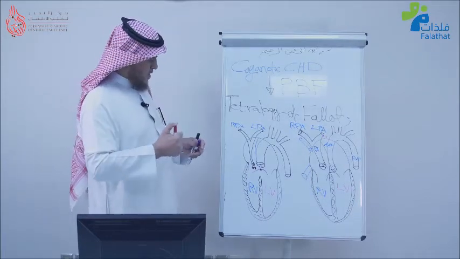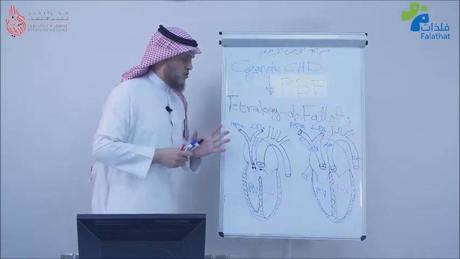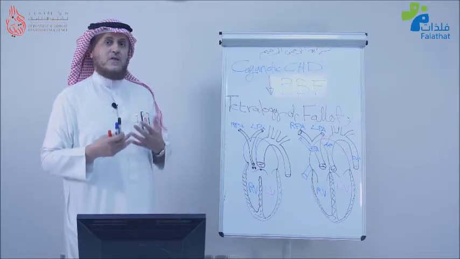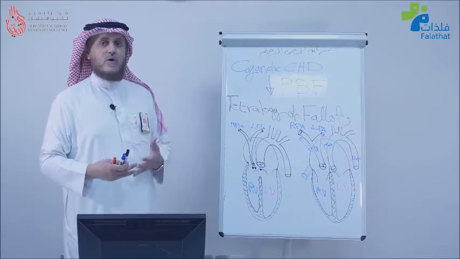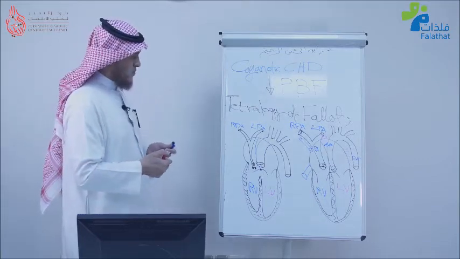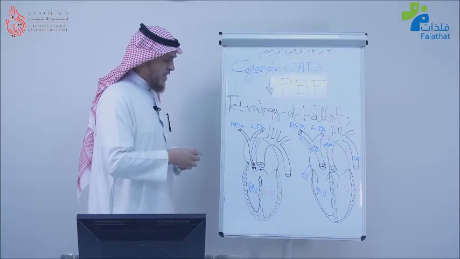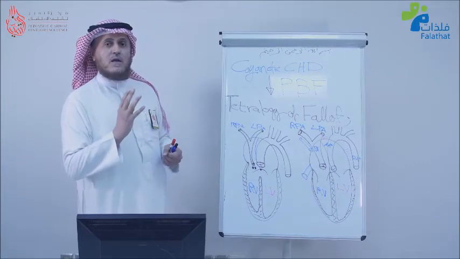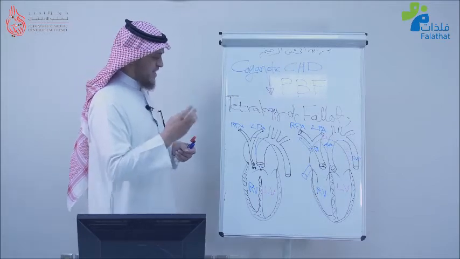So let's go through the anatomy of tetralogy of Fallot, and then go about the pathophysiology that we expect from such flow and such anatomy. So we all know that tetralogy of Fallot is comprised of 4 cardinal lesions or criteria.